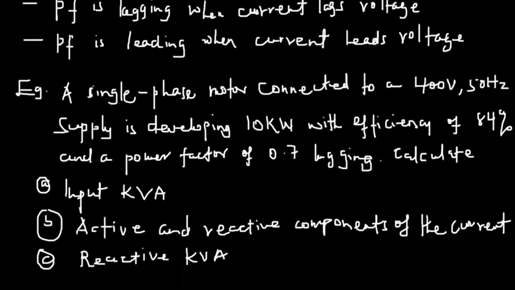We have a single phase motor connected to a 400 volts, 50 hertz supply, developing 10 kilowatts with an efficiency of 84% and a power factor of 0.7 lagging.